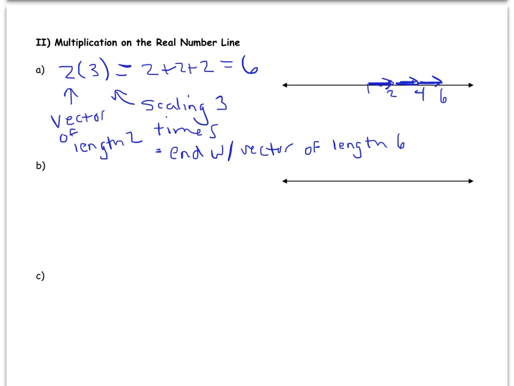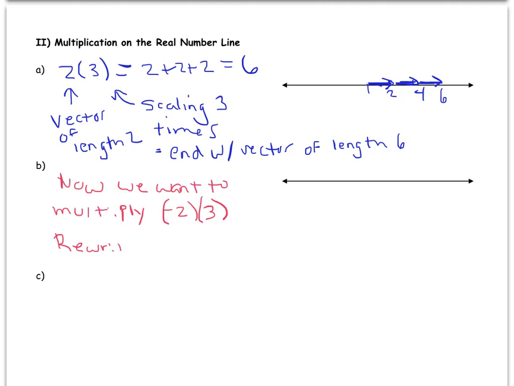So let's keep going. Let's do another example. What if we want to multiply negative 2 times 3? How can we view this? Well, I want to rewrite it because I'm going to really emphasize the geometry here in the vector operations. We're going to rewrite this as negative 1 times 2 times 3. Because in doing so, we've already known from the problem above that this is 6.